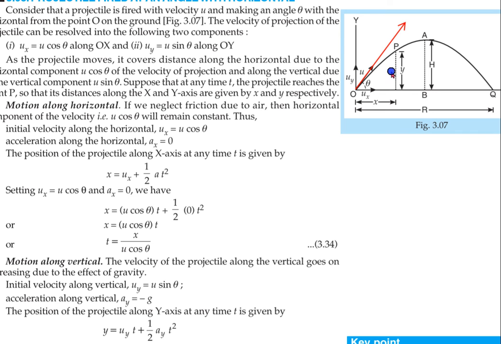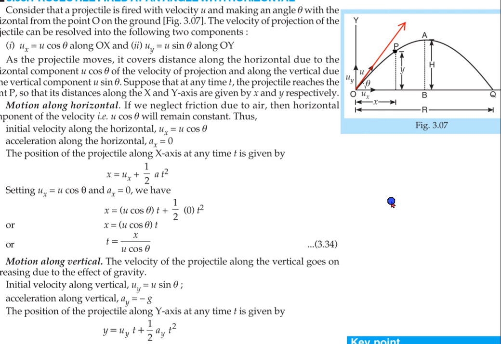So at any time t, suppose the particle is at point P. At point P, the displacement along horizontal is x, and its velocity is ux, and the velocity along the y direction is uy.